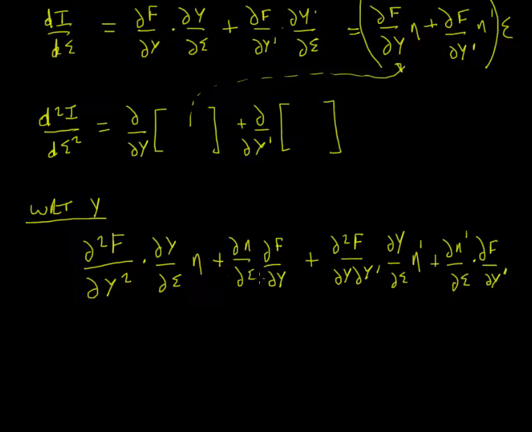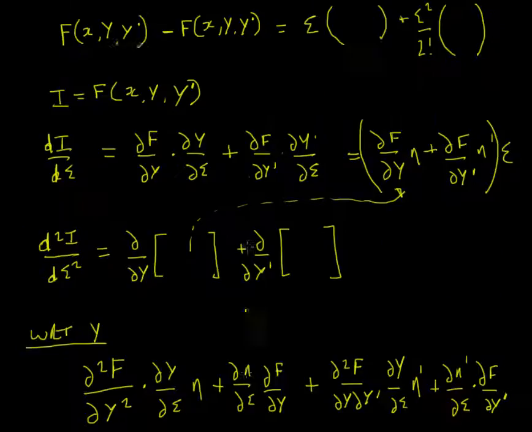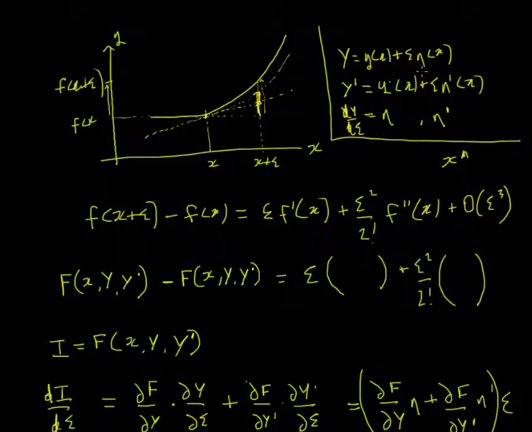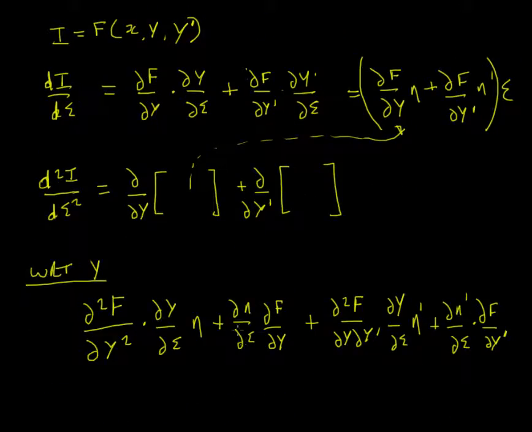Now this value here, eta, is a function of x, eta is not a function of epsilon, so we can get rid of that.